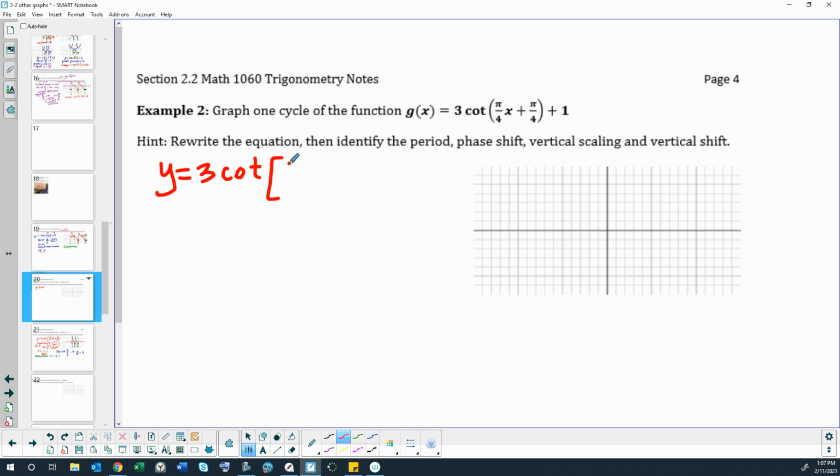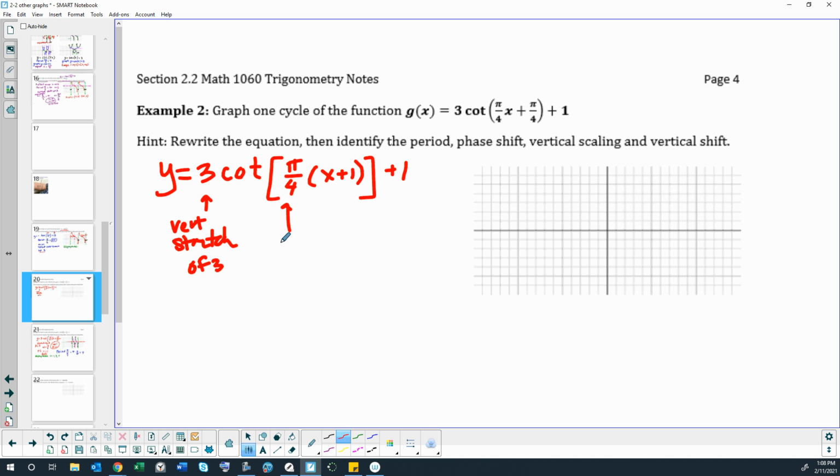And then we're going to factor out omega, which is pi fourths, so that we have x plus 1, and then we have a plus 1 here. So we have a vertical stretch of 3.